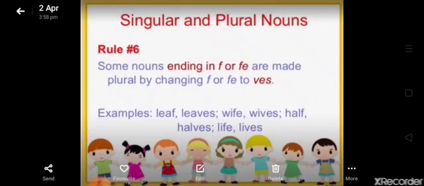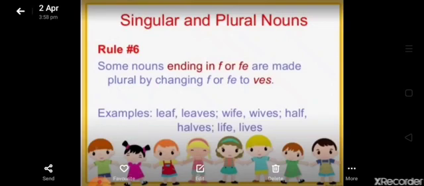Examples: leaf becomes leaves, wife becomes wives, half becomes halves, life becomes lives, calf becomes calves, wolf becomes wolves. These are very useful examples, and we use them all the time in our daily life.